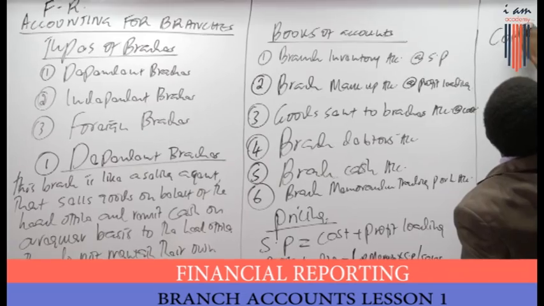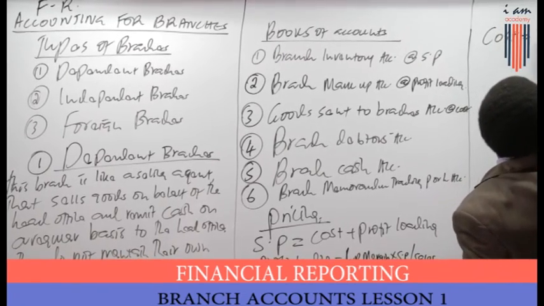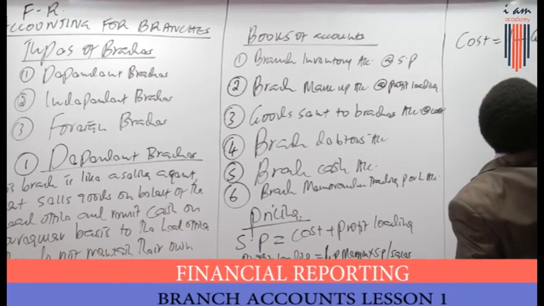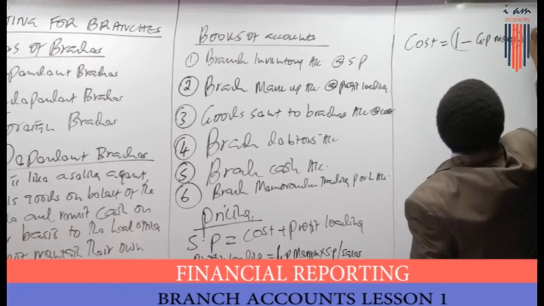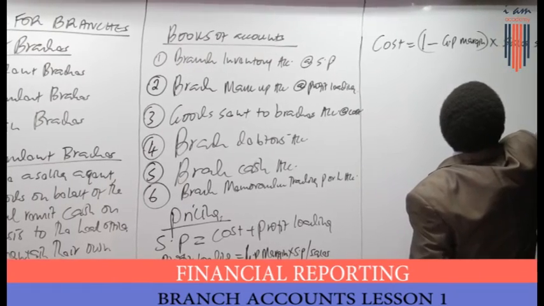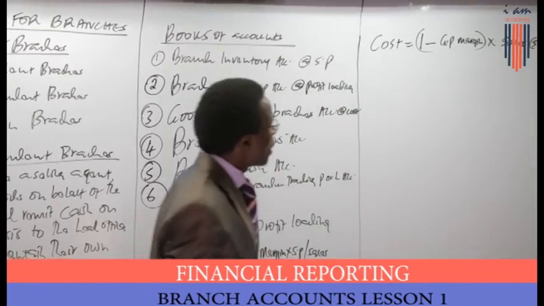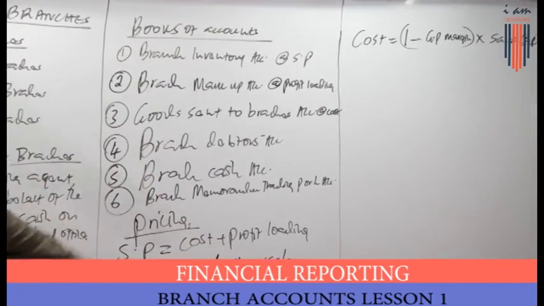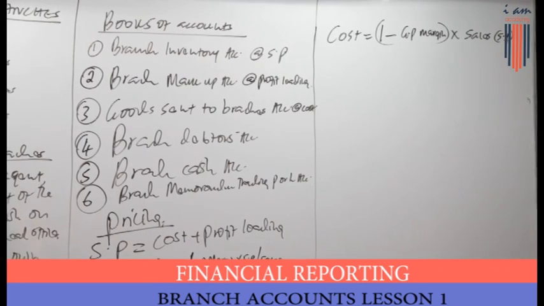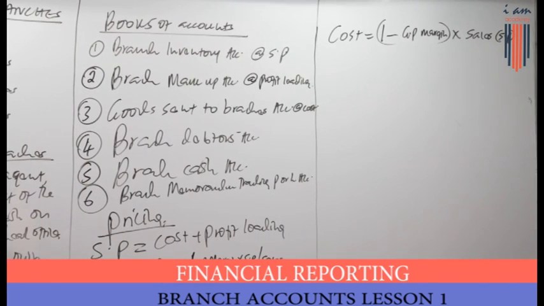The cost is simply 1 minus gross profit margin, you multiply the sales or selling price. That's not something new. You take 1 minus the gross profit margin, multiply by the selling price or the sales, and you get that.